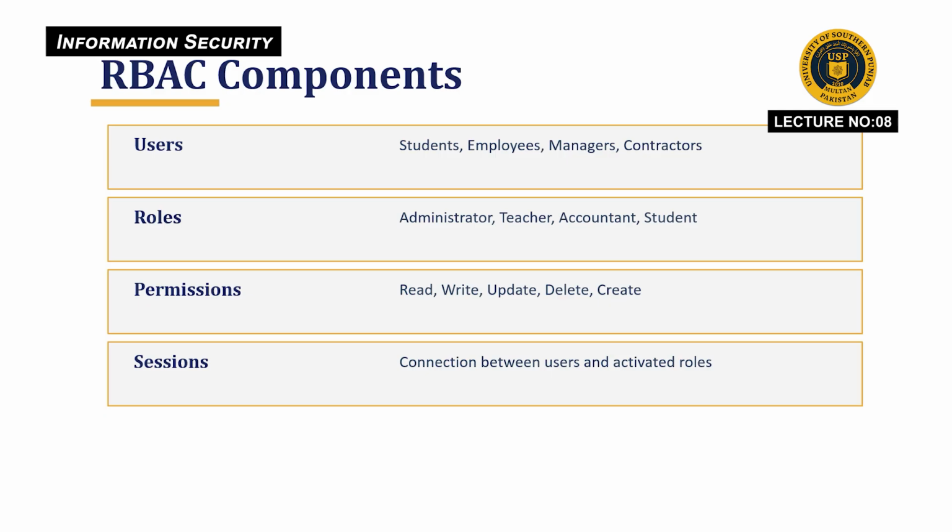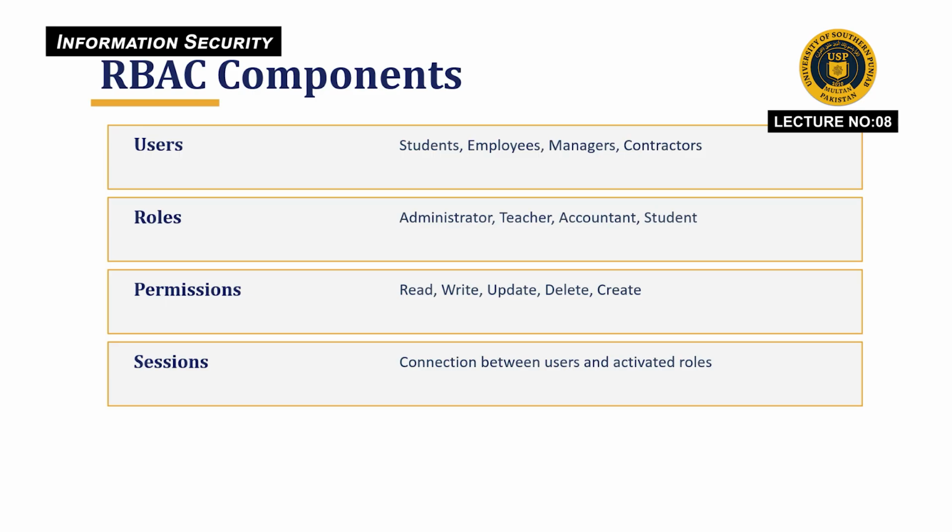Role-based access control has four important components: user, role, permission, and session. User: people using the system, for example, student, employee, and manager. Roles represent job responsibilities, for example, teacher, accountant, administrator.